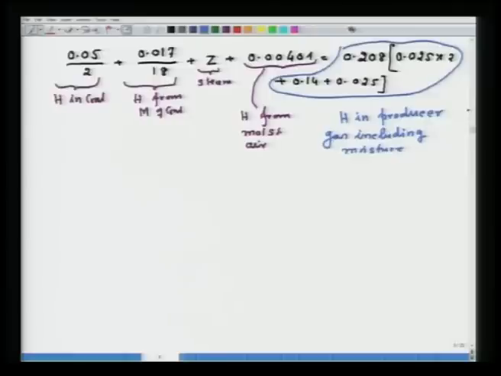If you are doing it cold, then it is H2O, if it is hot, it is steam. So, that is the hydrogen balance. I have written this so that you can orient yourself with what I have done. Now I have to simplify this, you can do it.